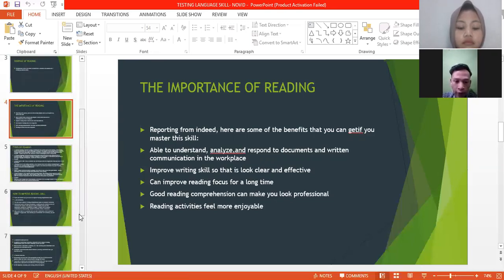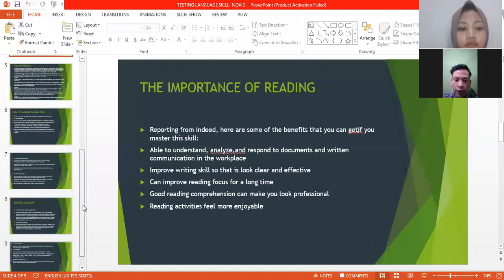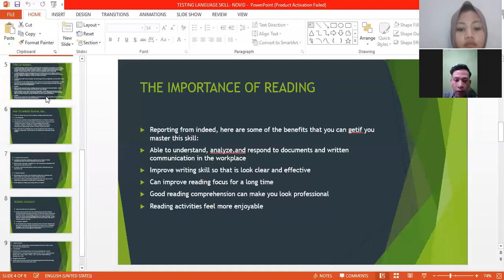Improve writing skills so that it looks clear and effective. Can improve reading focus for a long time. Good reading comprehension can make you look professional. Reading activities feel more enjoyable. Next.